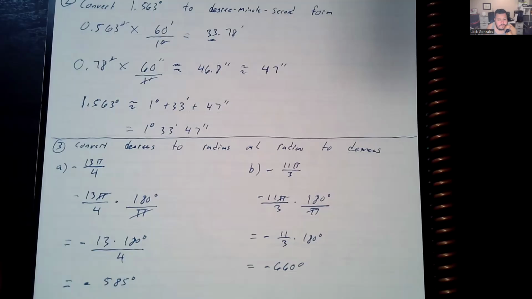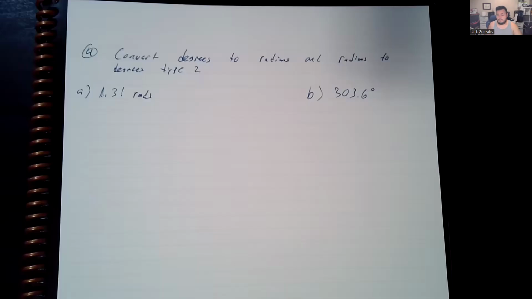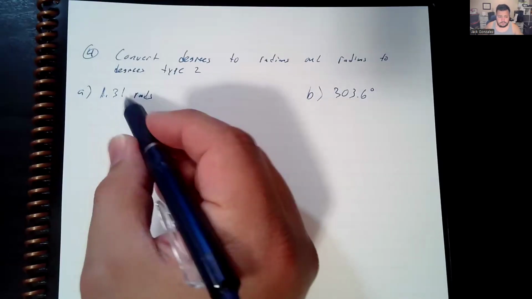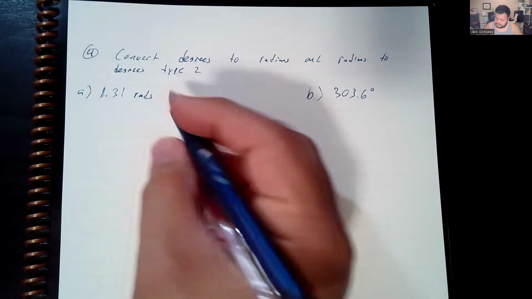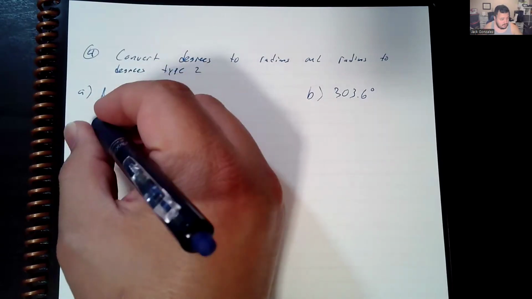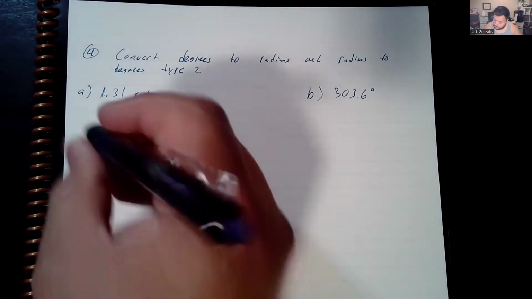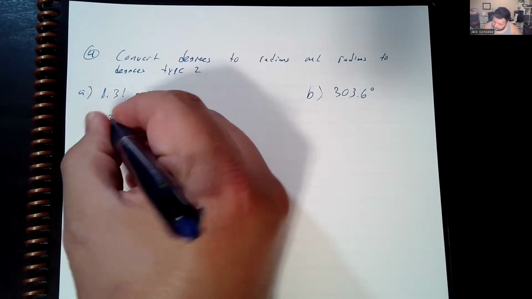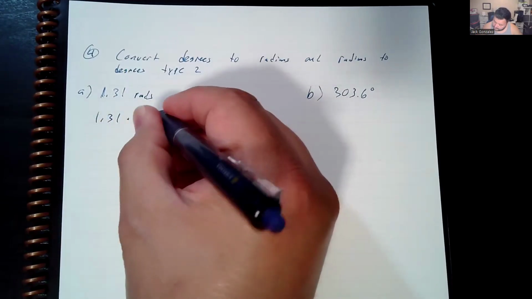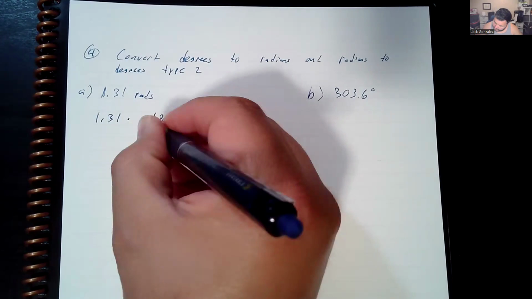Okay. So here they wrote radians as a decimal instead of having the pi stuff. So it's going to be the same, just you have to use your calculator here. So 1.31 times, if I'm going to degrees, I need degrees on top, put the pi in the bottom.